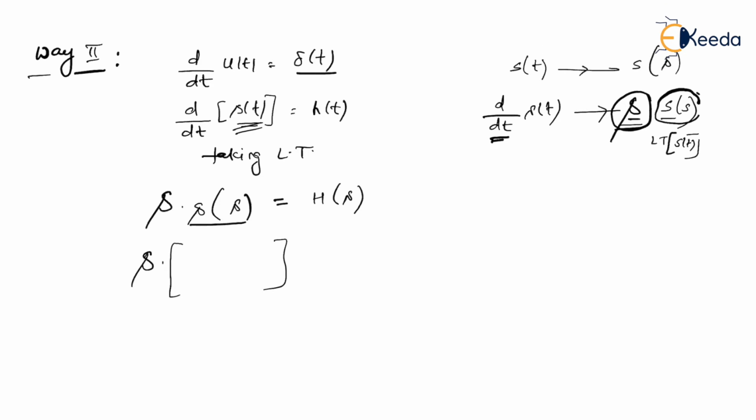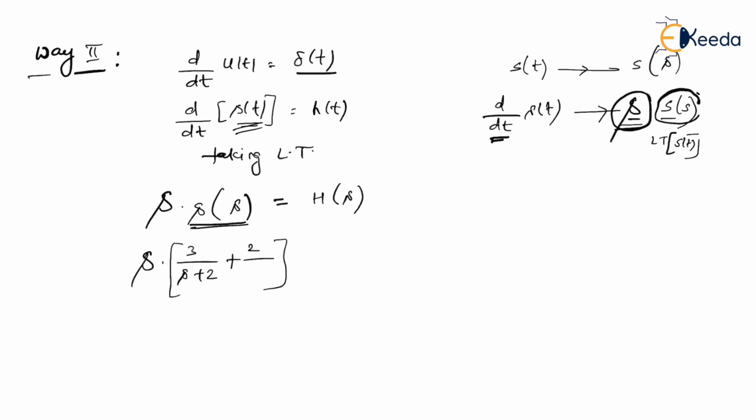So let me remind you, Laplace transform for the unit step response. The unit step response was given to me, which is 3 times e to the power minus 2t. Then it will become 3 upon s plus 2, plus it was 2 times t into e to the power minus 6t. You can see the question.